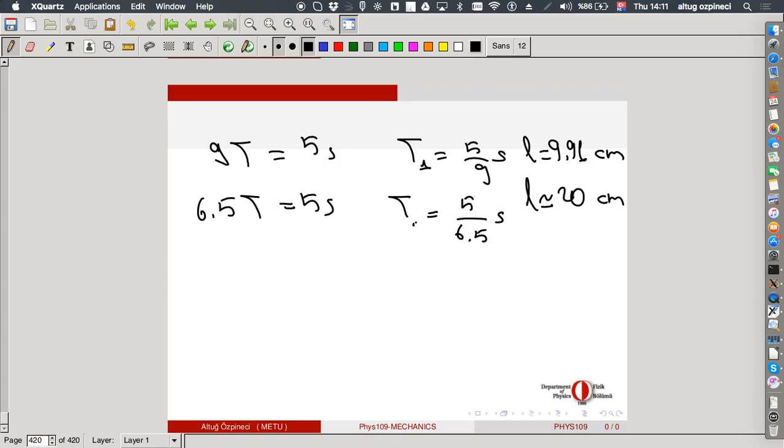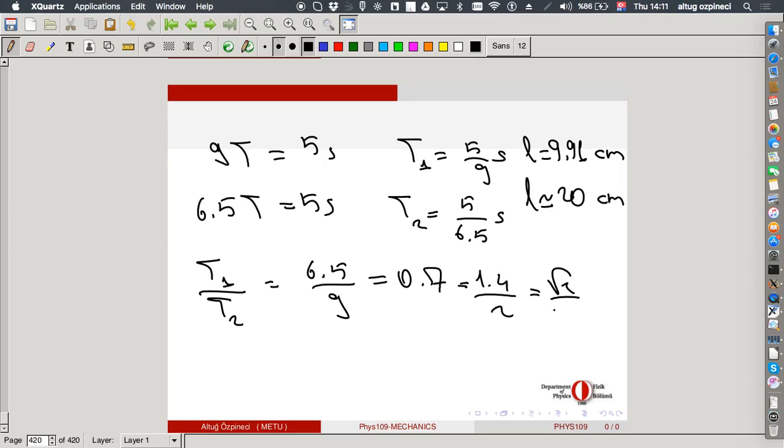So this is T1, this is T2. Let's look at the ratio of T1 over T2. This is 6.5 over 9. And what does the calculator say? This is 0.7. 0.7 is 1.4 over 2, which is square root of 2 over 2, which is 1 over square root of 2.